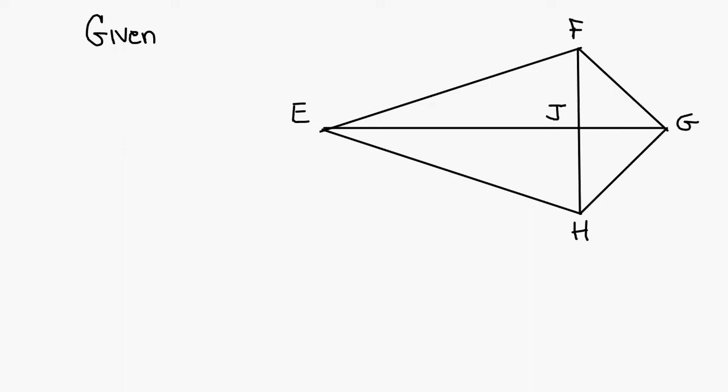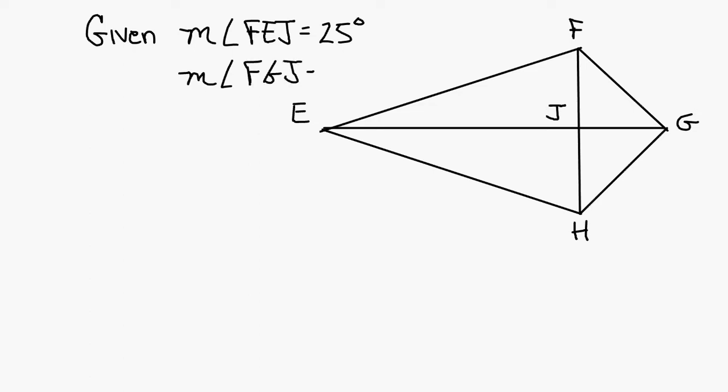In kite EFGH, the diagonals intersect at J. You're given that the measure of angle FEJ is equal to 25 degrees, and the measure of angle FGJ is 57 degrees.